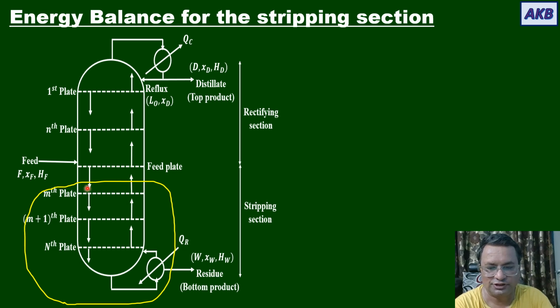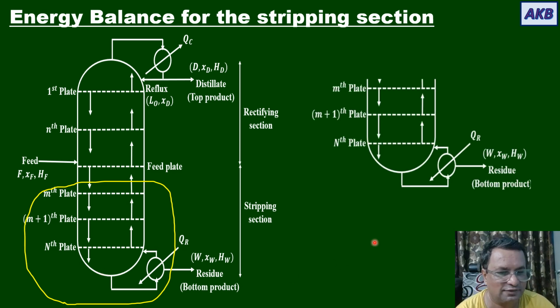The vapor phase that rises from the mth plate comes out of the stripping section, plus you are adding heat at the rate of QR into the stripping section. So I have shown it separately. Okay, so I'm considering the rectifying section and stripping section in this way.